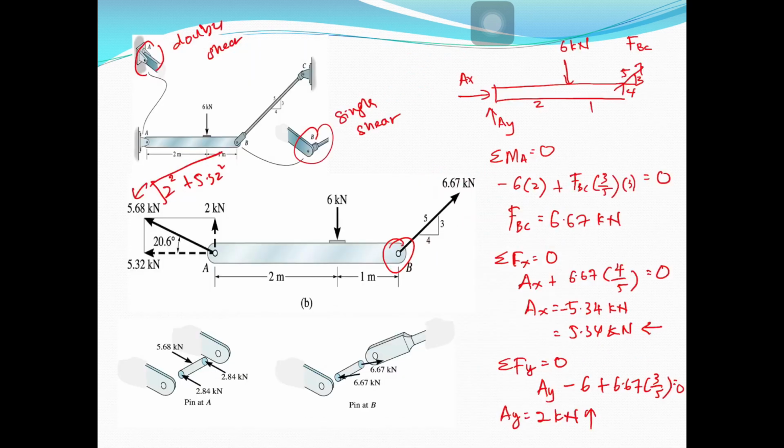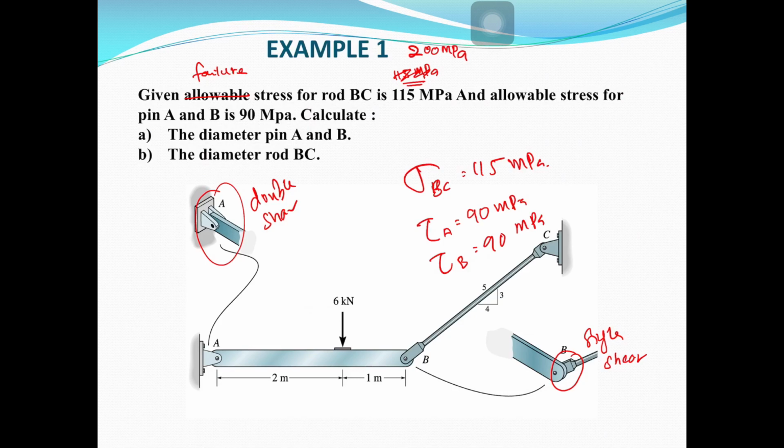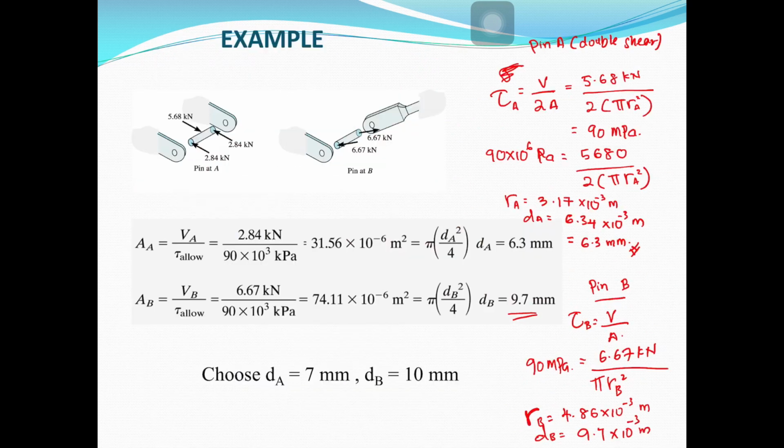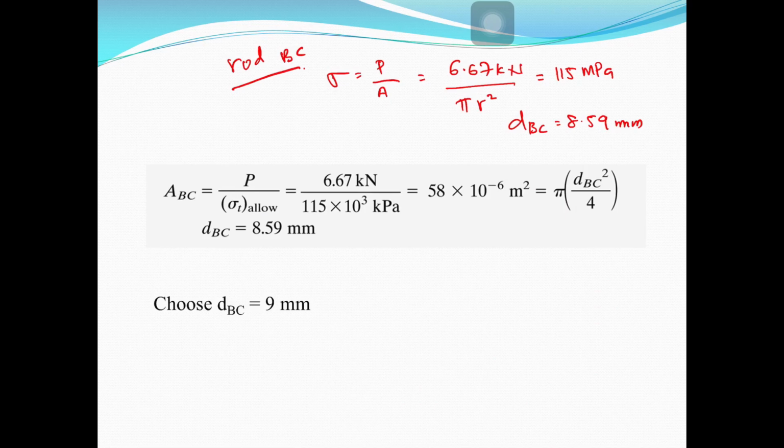So they must give you the factor of safety, let's say 2.0. So find the diameter of rod BC. If given the failure stress for rod BC is 200, and the factor of safety is 2, you need to divide first. So you need to divide 200 megapascal by 2. Then you can proceed with the calculation.